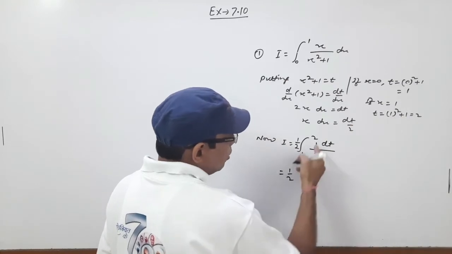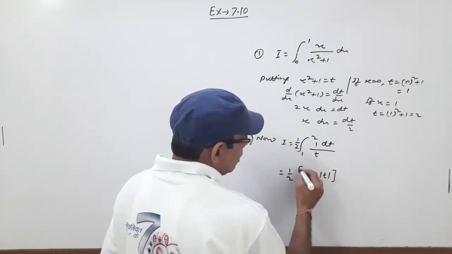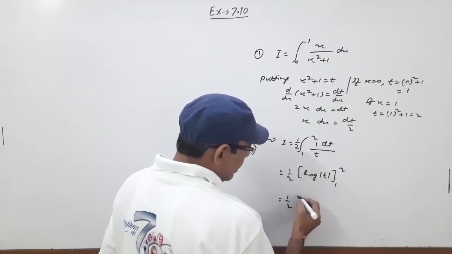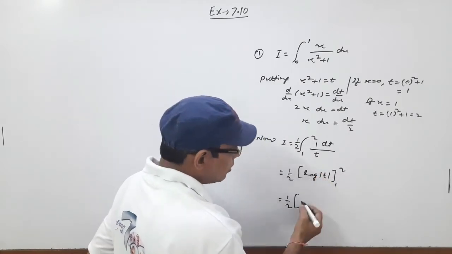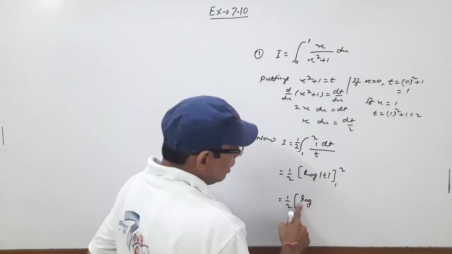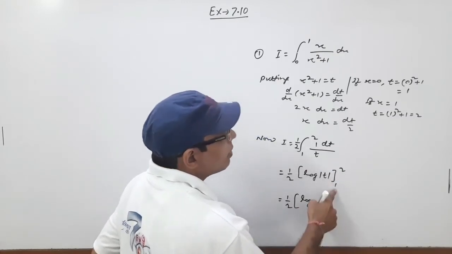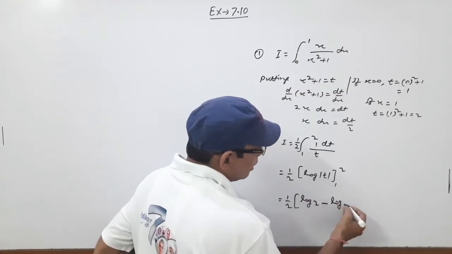The integration of 1 upon t is log modulus t, and the limit is from 1 to 2. Now we take upper limit minus lower limit. We substitute 2 at the place of t, minus the lower limit, we substitute 1 at the place of t.